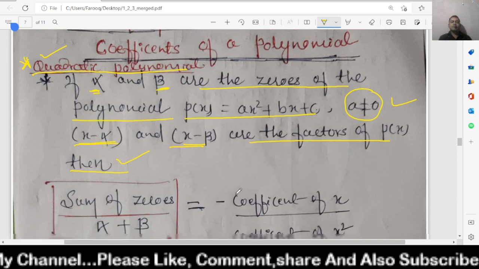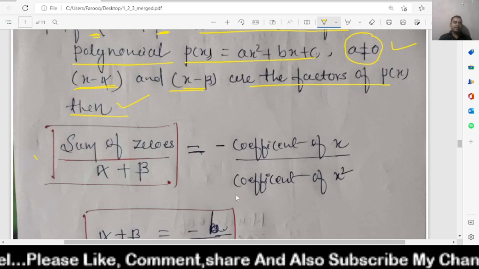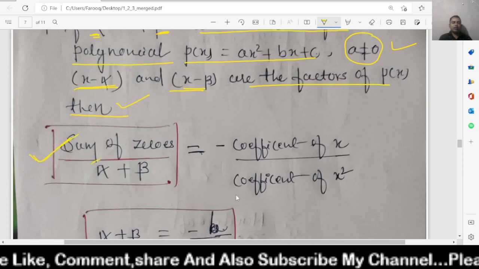Then the sum of the zeros of the polynomial is denoted by alpha plus beta.